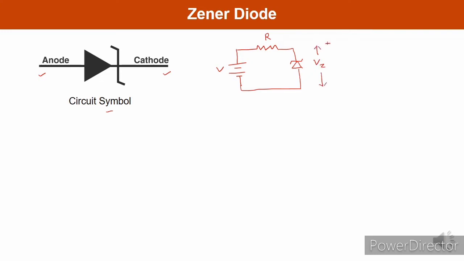This is the voltage developed, positive, negative. You can see the current flows in this particular direction, and this is IR, the current which is passing through this limiting resistor. So here you can see it is connected in a reverse bias condition. The positive terminal of the battery is connected with the cathode and the negative with the anode. And the reverse biased Zener diode is used as a voltage regulator.